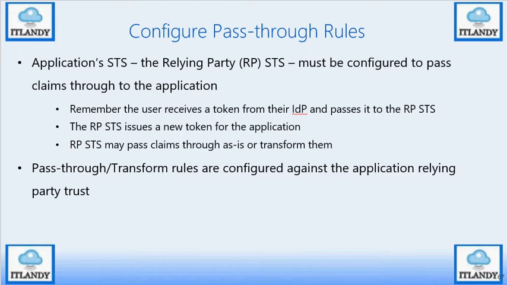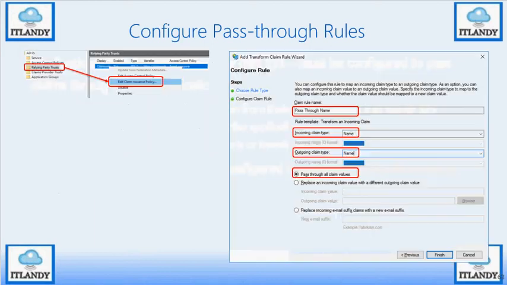Then the relying party STS may pass claims through as is or transform them. Now, the pass-through transform rules are configured against the application relying party trust. How that will look like for us in the GUI, something like this.